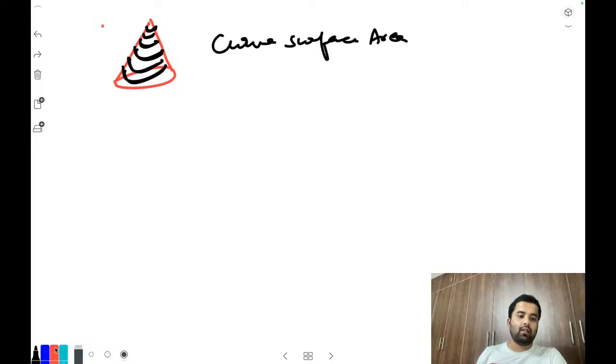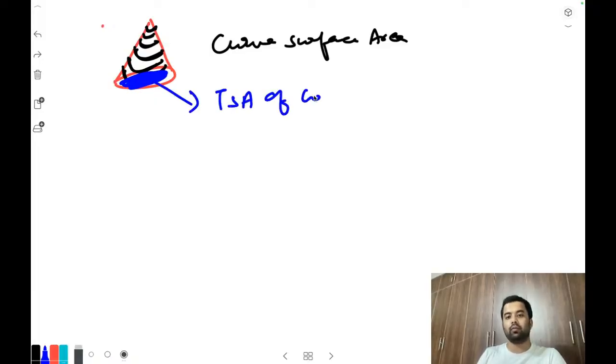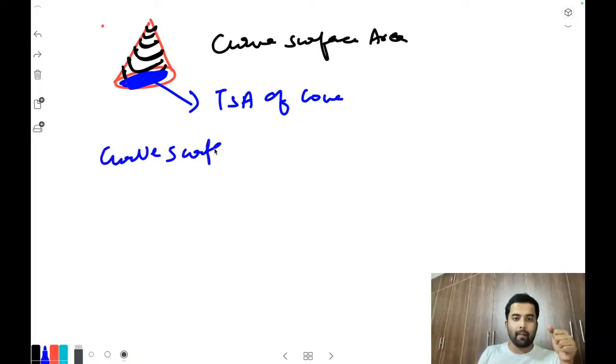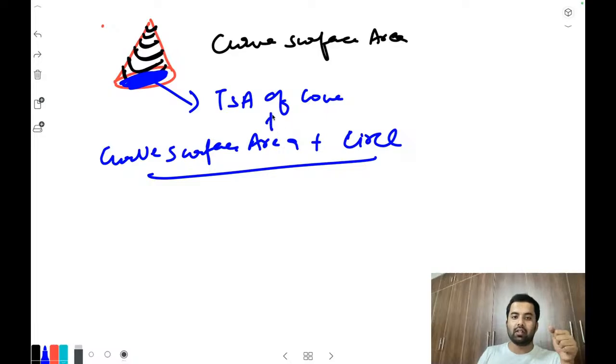Whenever you include the bottom circle also, then it stands for TSA of cone. Curved surface stands for the side part, and whenever you include the bottom one, curved surface area plus bottom circle means total surface area. Now it is okay?